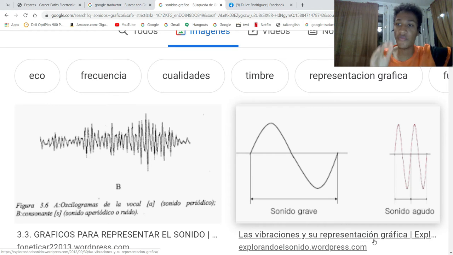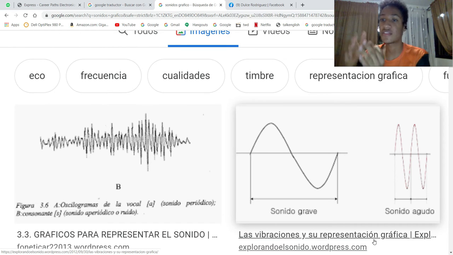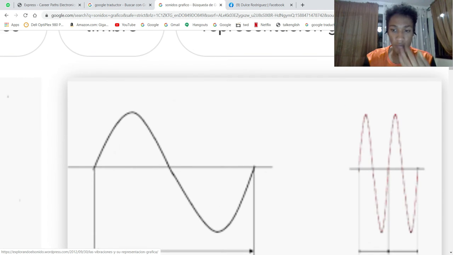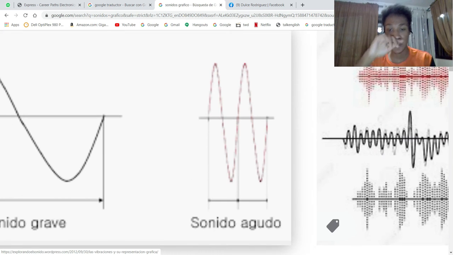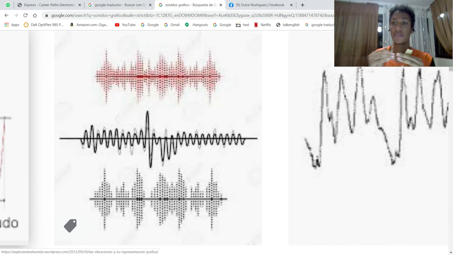If you have a specific frequency, you can reproduce music. For example, a low frequency is like that, a high frequency is like that, and you have millions of different frequencies.